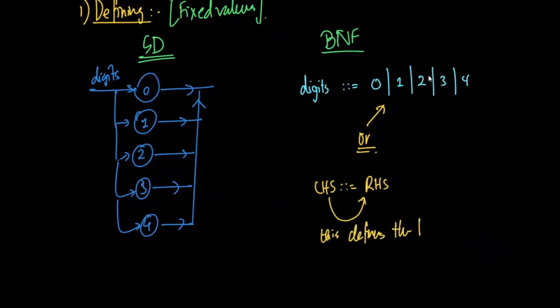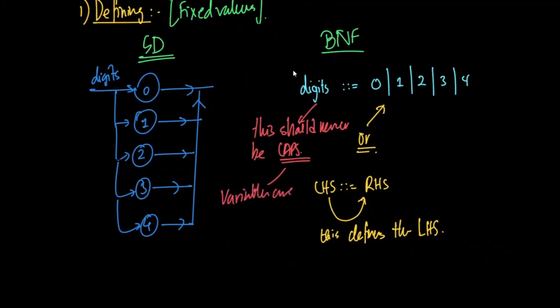This defines the LHS. Also, by one rule of thumb, this should never be capitalized, meaning it should always be small, because variables are made with the first letter capital.